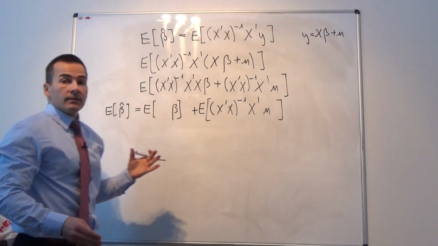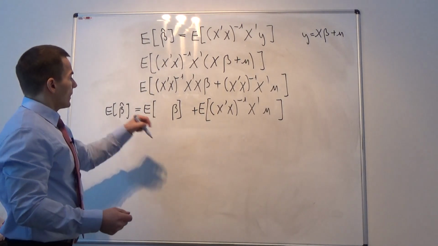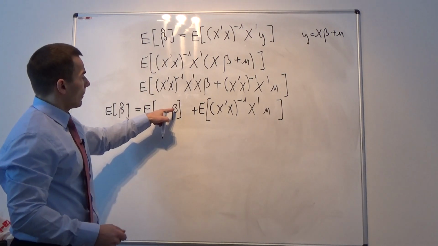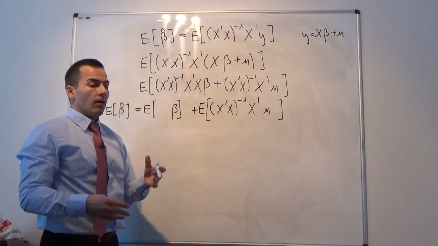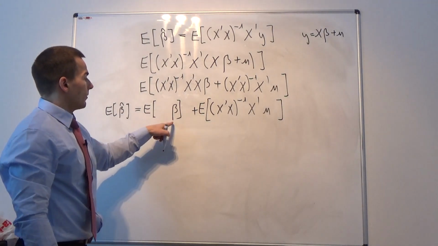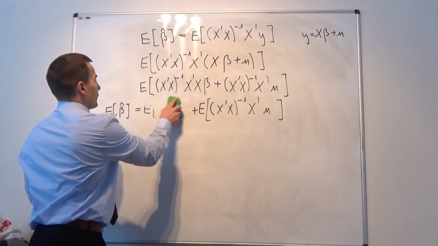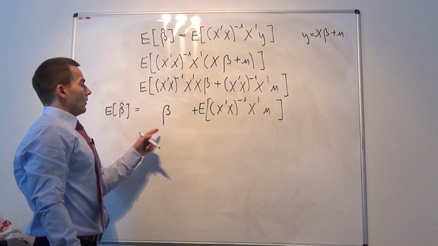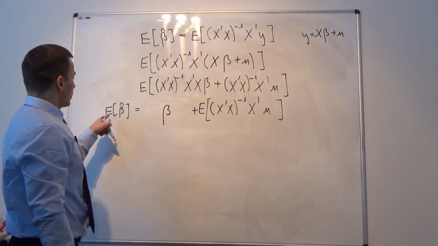An important intermediate result: the expectation of beta is beta, because beta is the real parameter, not an estimated one. So the expectation of beta is beta. We can move this to the left-hand side and put it into the expectation operator again.